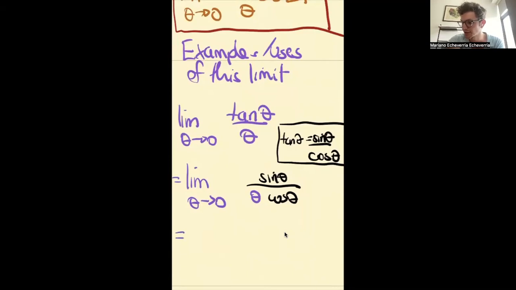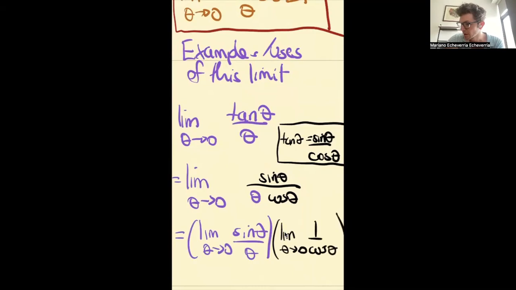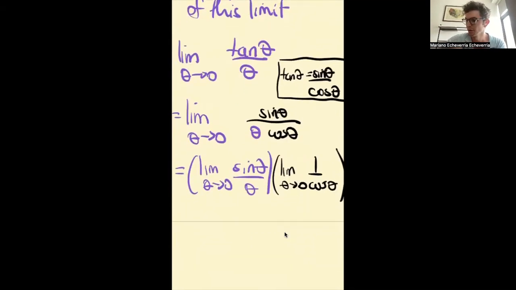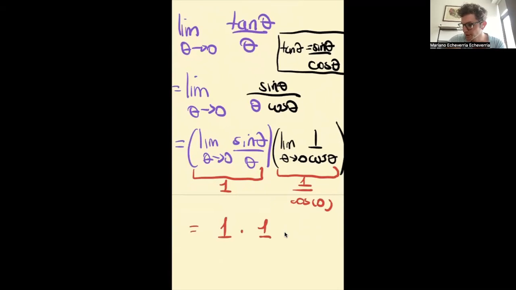You can think of this as the limit as theta goes to 0 of sine of theta over theta times the limit as theta goes to 0 of 1 over cosine of theta. The reason this is useful is that you know each of these two limits. We already saw that this one is 1, and this is 1 over cosine of 0, which is also 1. So you get 1 times 1. So this limit is 1.